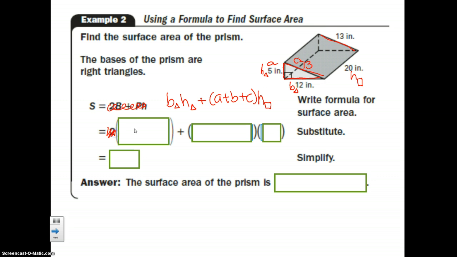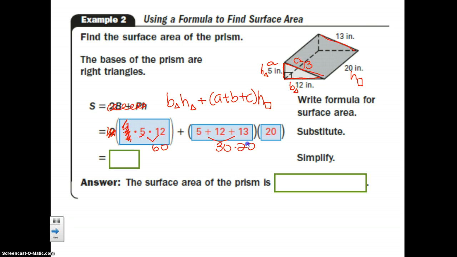So I don't use this 2. I actually just take, and I don't use this half, so what happens is they cancel out. I take base and height together, so that's 5 times 12. Then I add my 3 sides, 5, 12, and 13, multiplied by 20. So multiply this together, add this together, times 20.